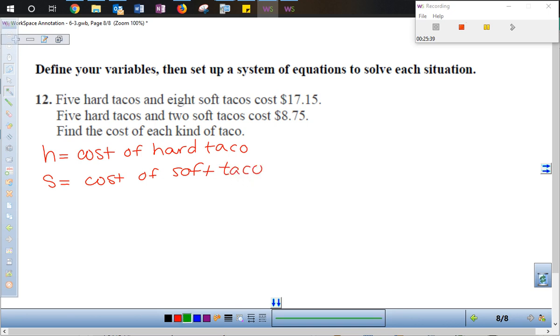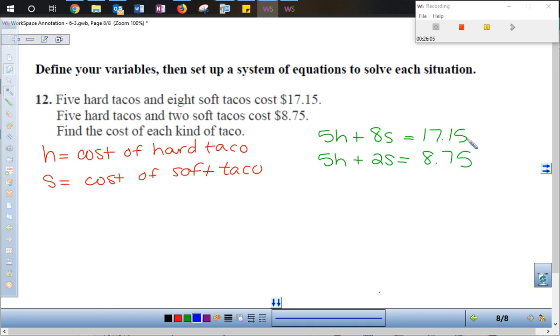Now I can come up with my two equations. The first one is 5 hard tacos, so that's going to be 5H, and 8 soft tacos, so 8S, cost $17.15. My second equation is going to be 5 hard tacos and 2 soft tacos, costs $8.75.